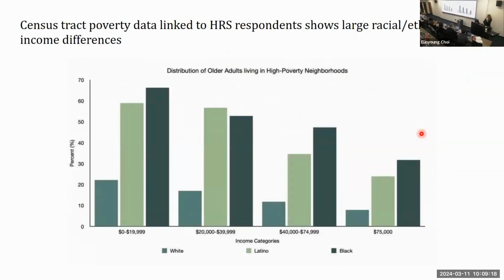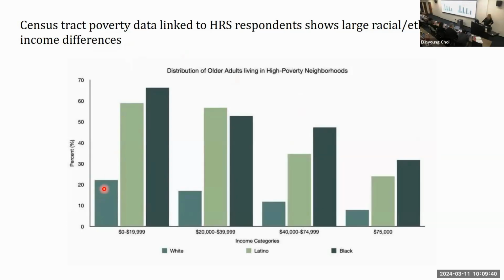This is some work that I did with a former PhD student, Catherine Perez Garcia, who's here today, where we actually linked these data to the Health and Retirement Study because we wanted to know what the distribution of neighborhood poverty was for older adults by race and ethnicity. We were trying to understand what those distributions look like.